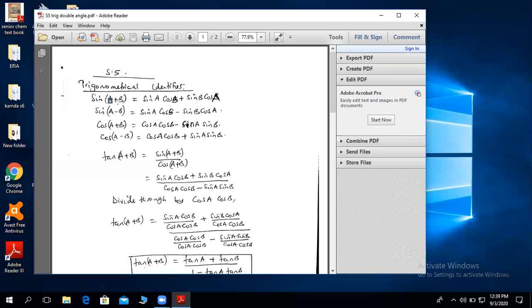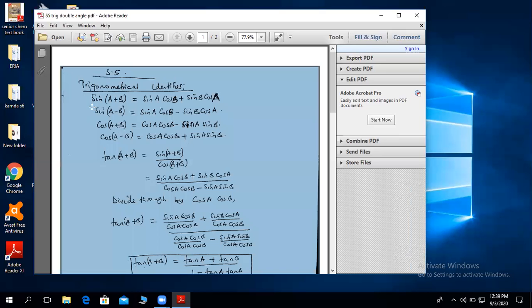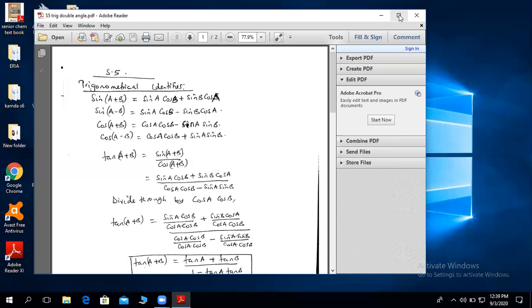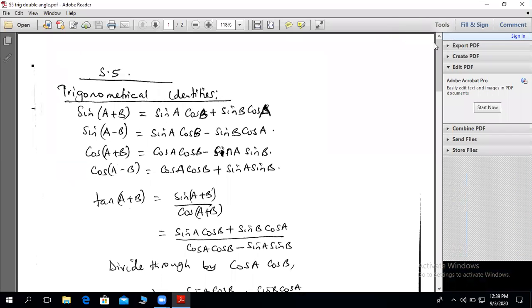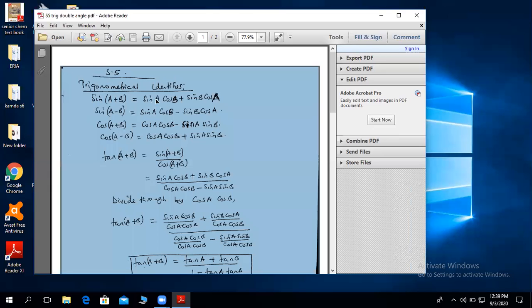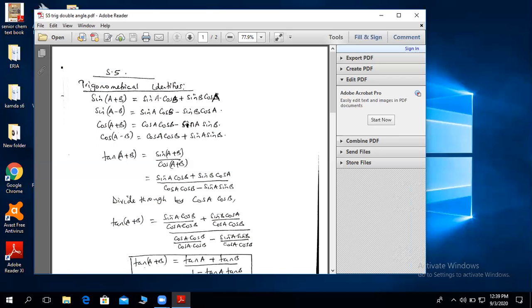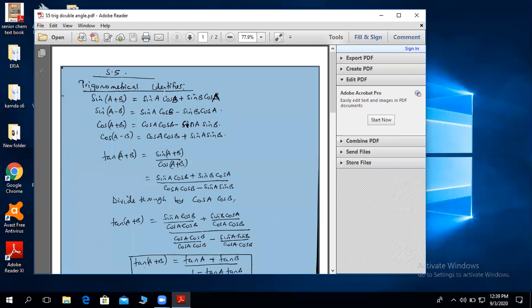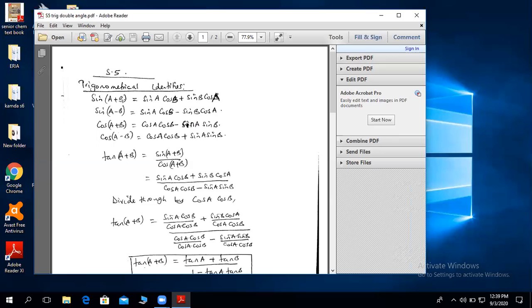This is angle A and this is angle B. So the expansion for this is sine of A, which is this one here, sine of A, then cos of B.